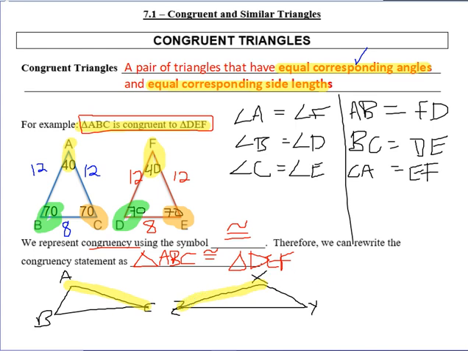Sorry, AC, it looked like an E. And at the bottom here, BC would correspond to YZ or ZY, same one. AB corresponds to XY, things like that.